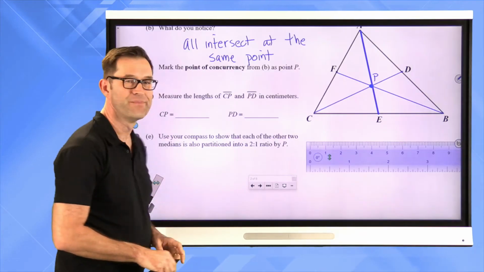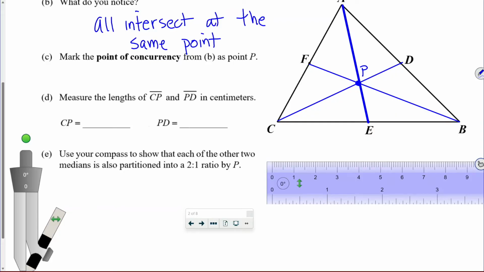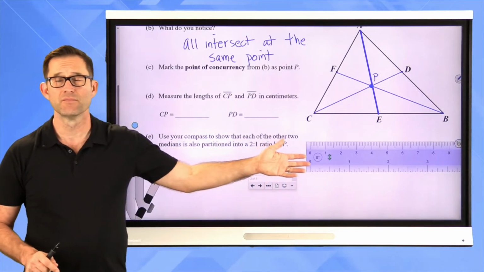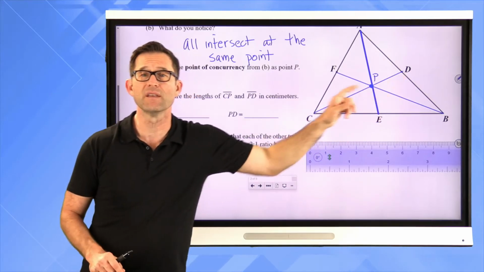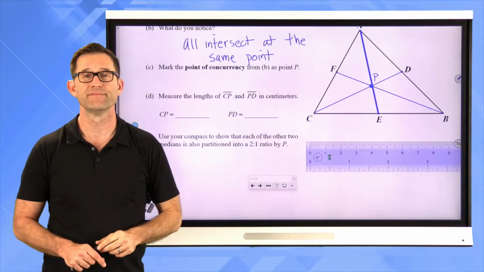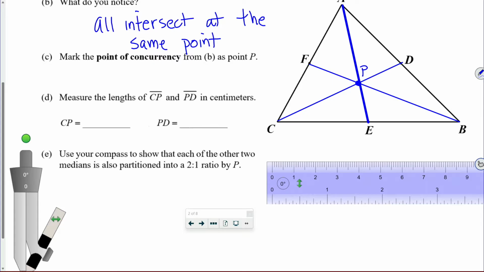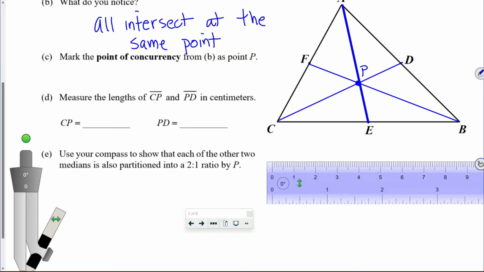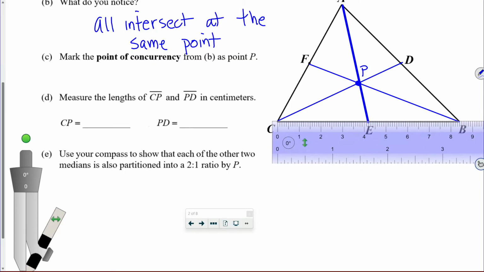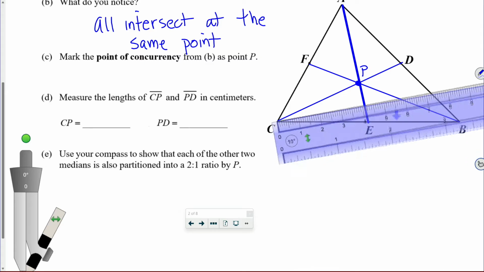Letter D, measure the lengths of CP and PD in centimeters. All right, so take your ruler, measure the length of CP, measure the length of PD, and throw them in here. Now these measures are going to vary a little bit depending on how much your worksheet has been enlarged or shrunk, how much it's been dilated.